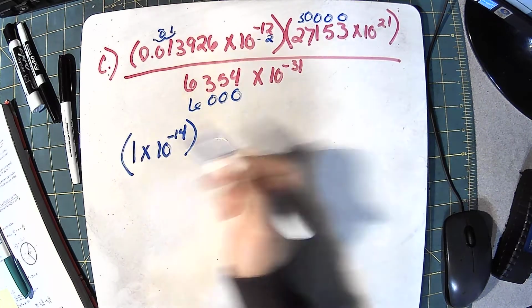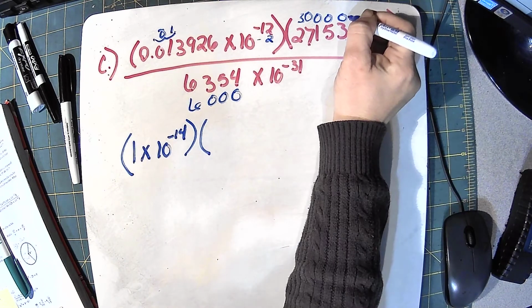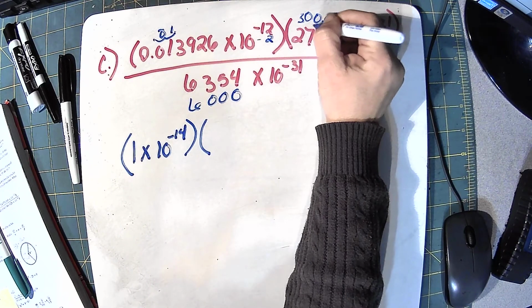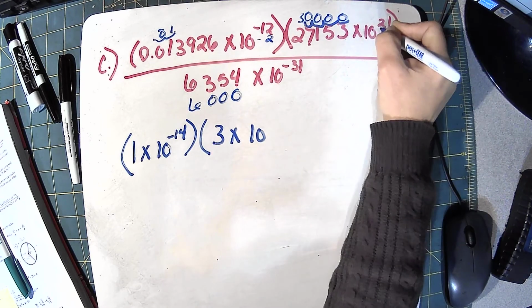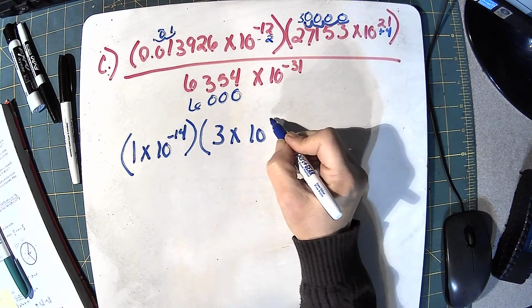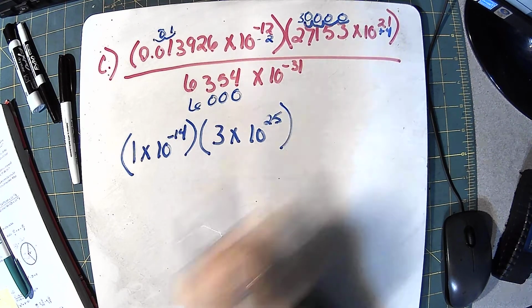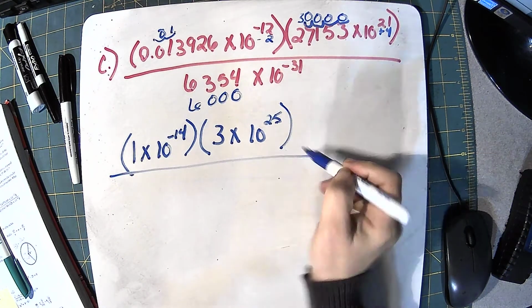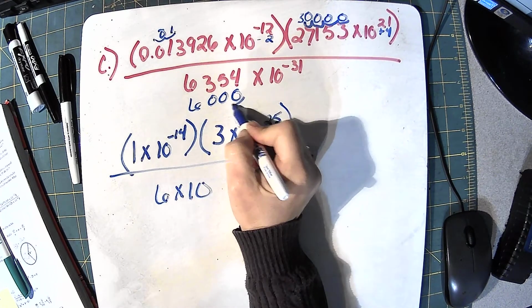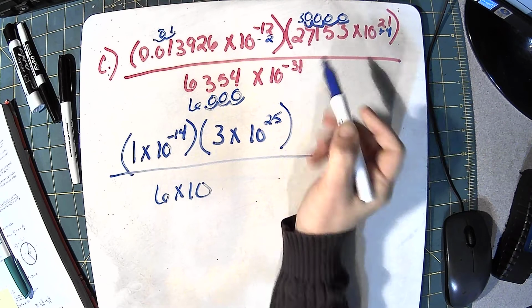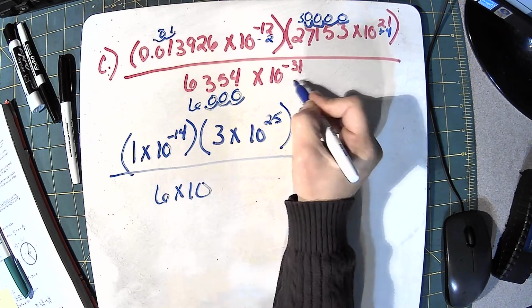That's our first one. Second one, we're going to be moving this way, 1, 2, 3, 4, so 3 times 10, and that would be a positive 4, so to the 25th. Okay, now for our bottom part, that one would be 6 times 10, we moved it 1, 2, 3, and that would be a positive 3.